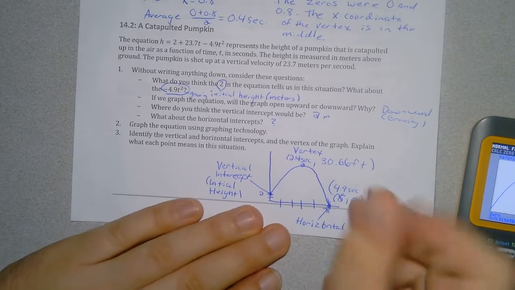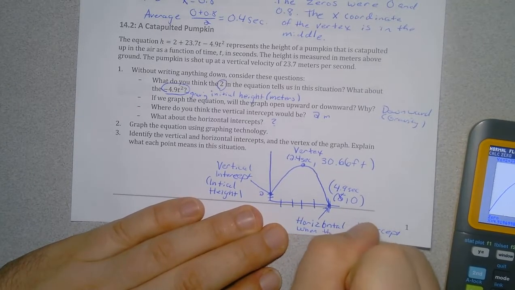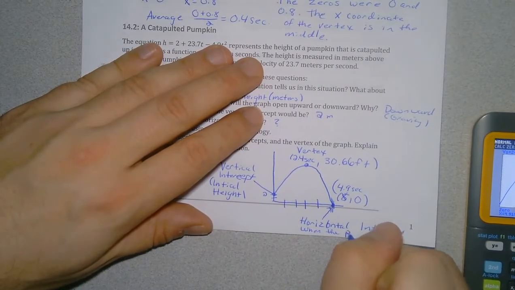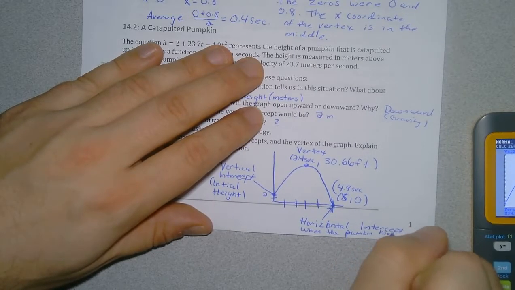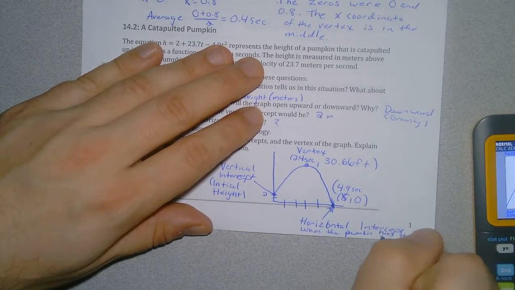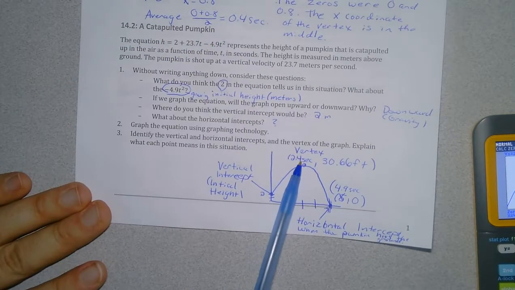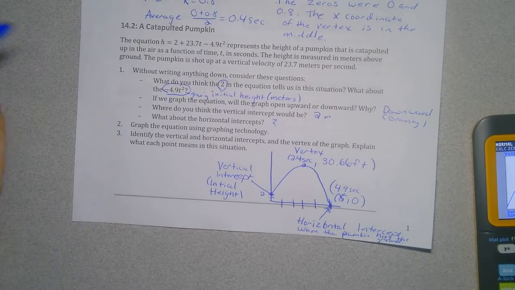But that is when the pumpkin hits the ground. And then our vertex, that's the highest point of the graph.